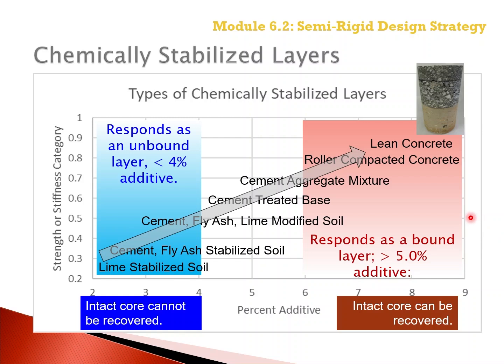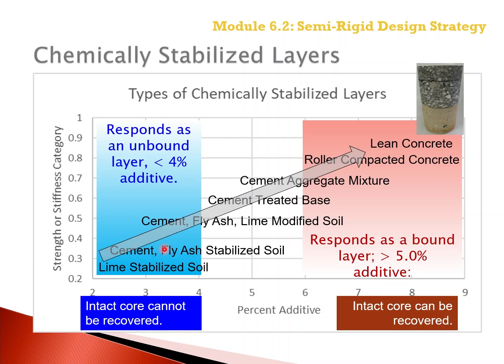And section 6-2 will focus on this area here, where we have higher amounts of percent additives that are added. Lower percent additives that may be mixed in with the material are assumed to respond as an unbound layer and would apply to the flexible pavement design strategy and would be simulated as an unbound layer.